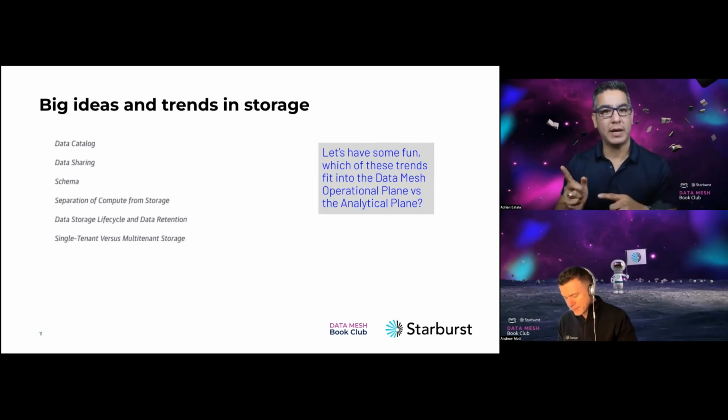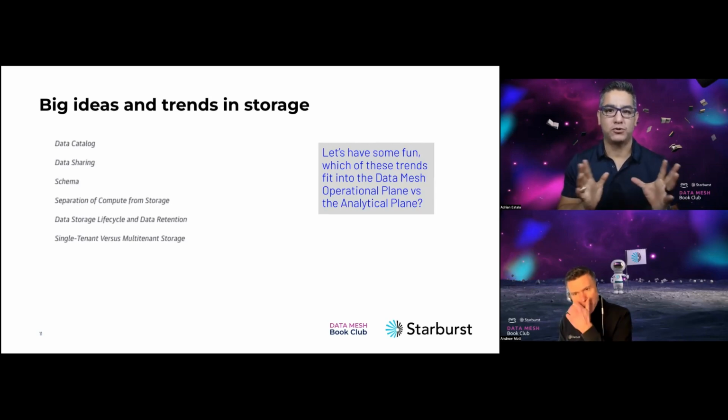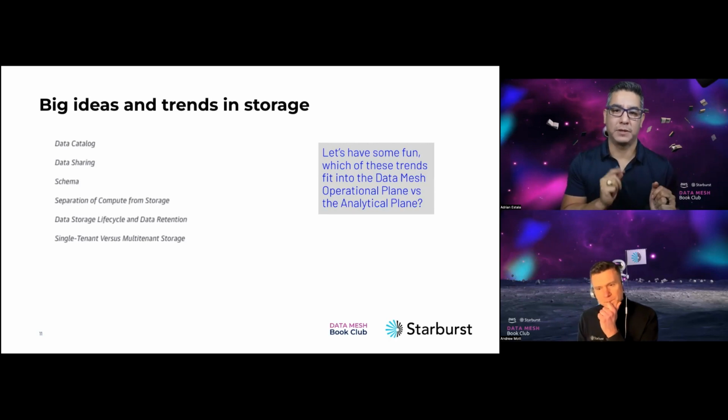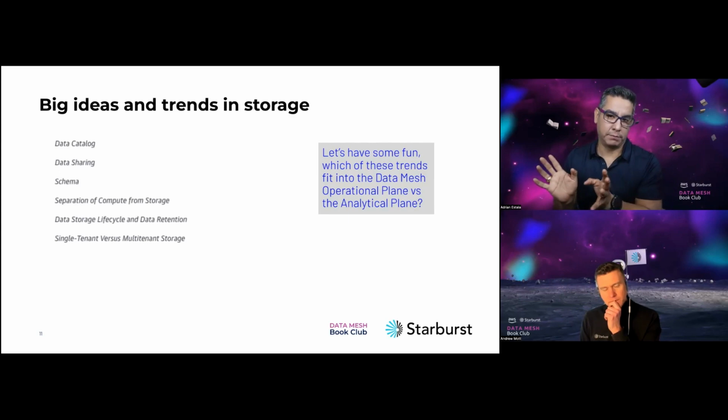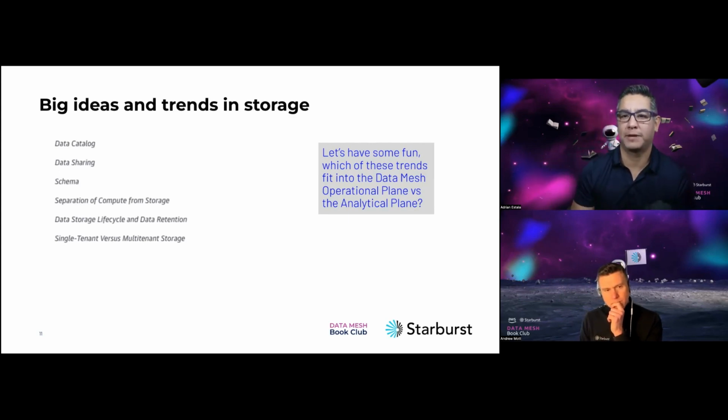I think the trend now is we do want to abstract technology. Yes, absolutely. But there are some capabilities, like a front end catalog, or empowering teams to do some of their own compute, that start to move forward into the analytical plane because you're empowering teams to do more on their own. Not everything, but some of those pieces.